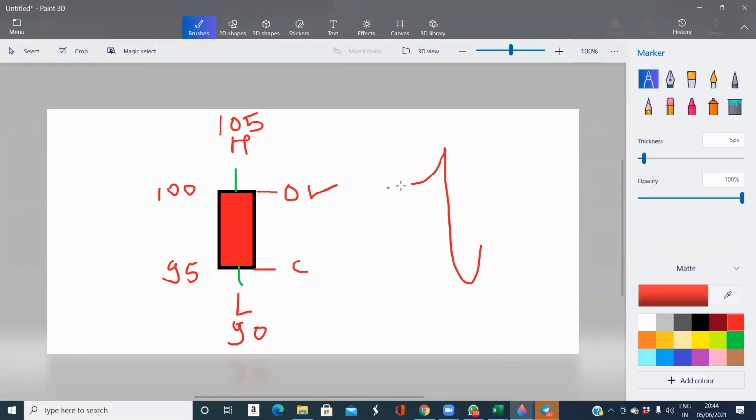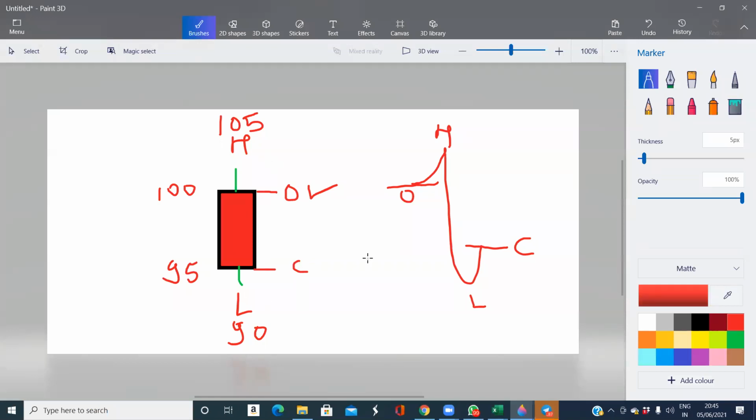Okay, so this is the open price, this is the closing price, this is the high, and this is the low. Clear, guys? What is the bullish candle and what is the bearish candle? Okay, so each candle has 4 important parameters: open, high, low, close.